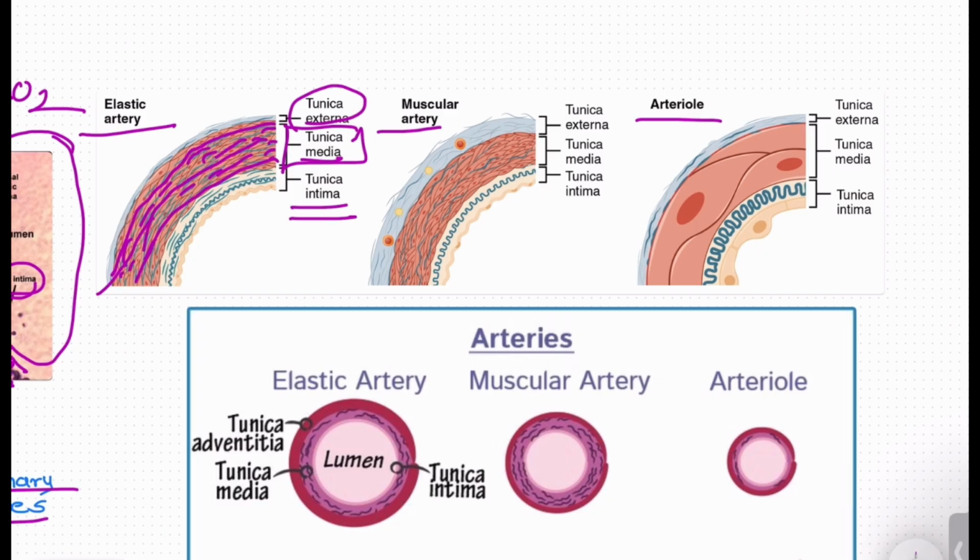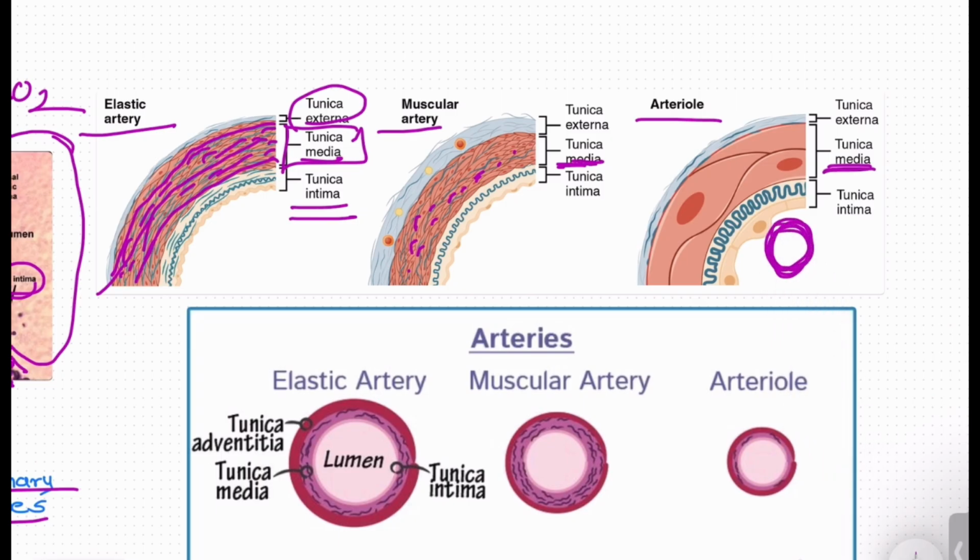In muscular artery, there is less connective tissue, more smooth muscles in tunica media. And in arteriole, tunica media carries less smooth muscles, and the lumen is narrower.